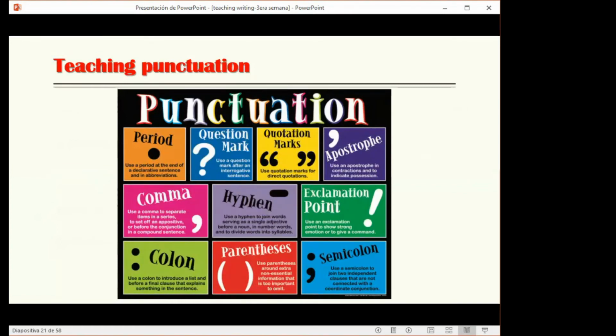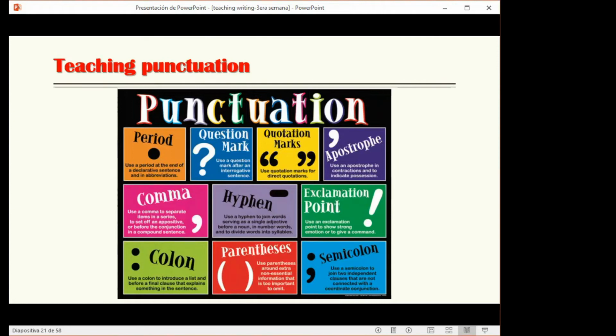The period. Use a period at the end of a declarative sentence and in abbreviations, or full stops. Some books also call this full stops when it's at the end of a declarative sentence. Question mark. Use a question mark after an interrogative sentence. Quotation marks.